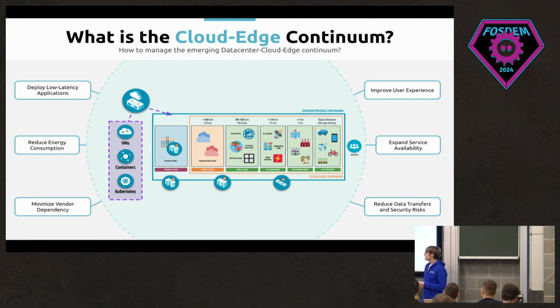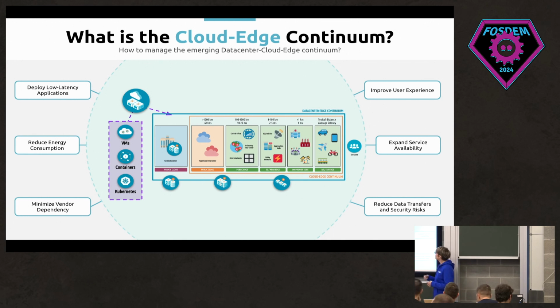We can also reduce the vendor dependency, since we are not deploying our application in a standalone data center like Cloud or AWS. We are deploying our application in multiple locations managed by any provider that we want at any time.